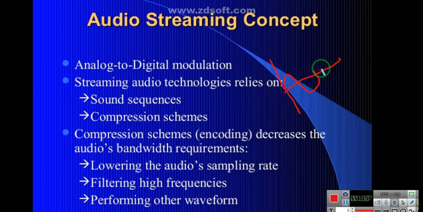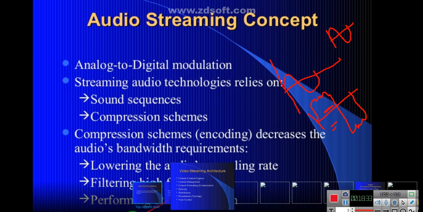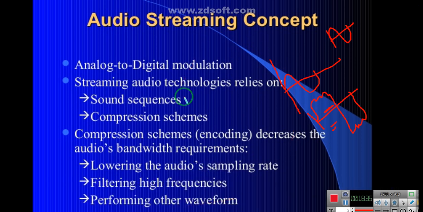When you transfer this sound, the signal is going to be disturbed like that, so you need to filter your sound with the high frequency filter. When you filter, your signal is going to be secure and of good quality, so then you can transfer your audio. Then performing other waveforms as well. This is just a simple example of it.